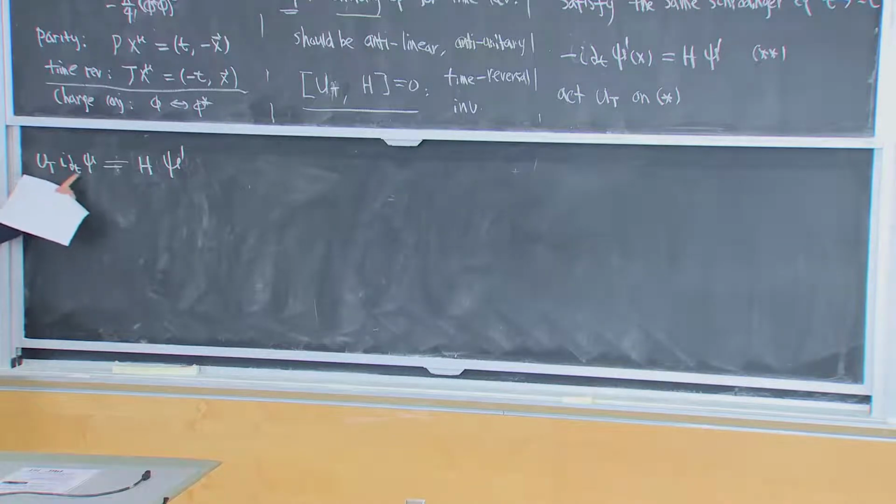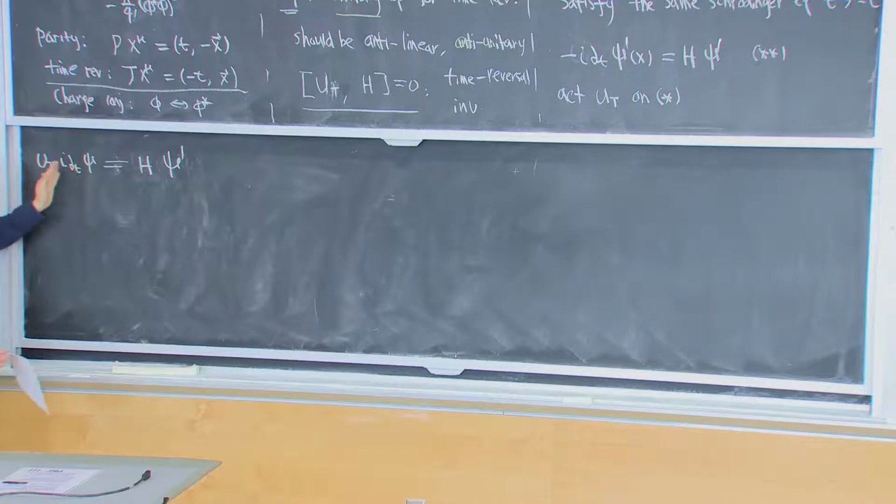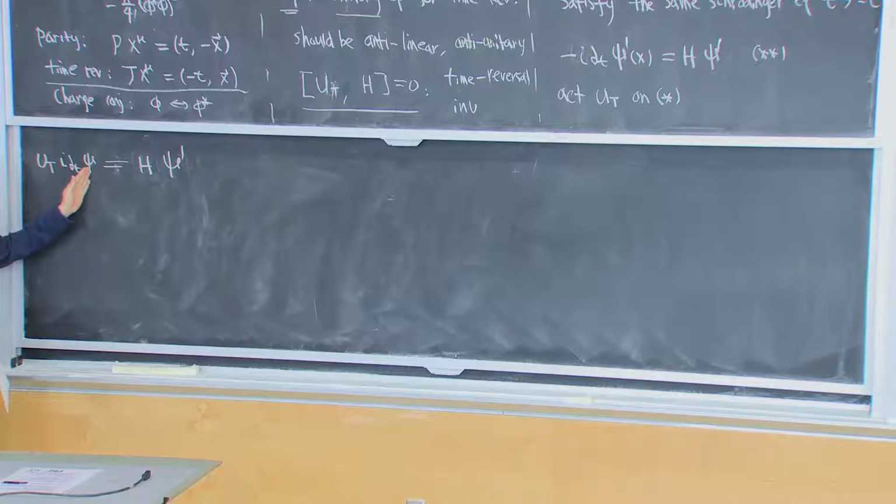In the ordinary situation, we would have trouble. Because i is a C number, and partial_t is just a derivative, you can directly pass U_T through the i and the partial_t. When U_T acts on psi, you then get the same equation, rather than the equation with the minus sign. Then you have trouble.